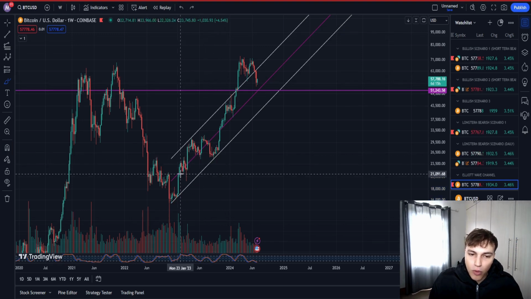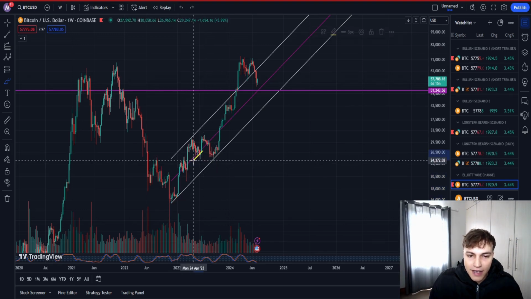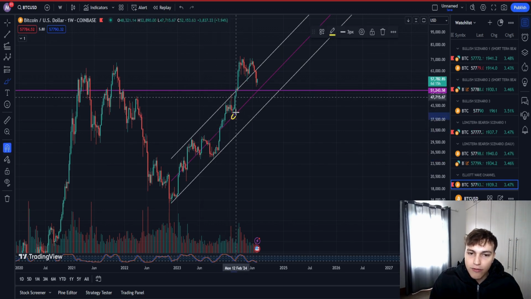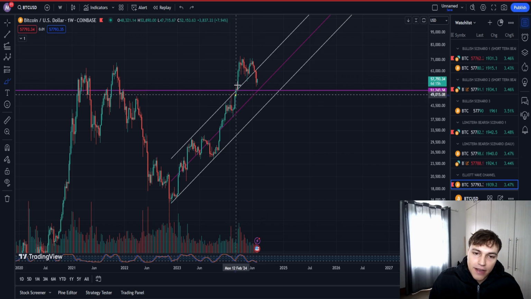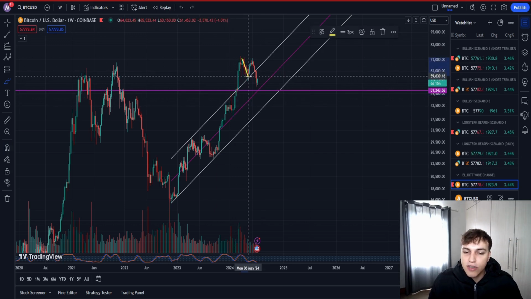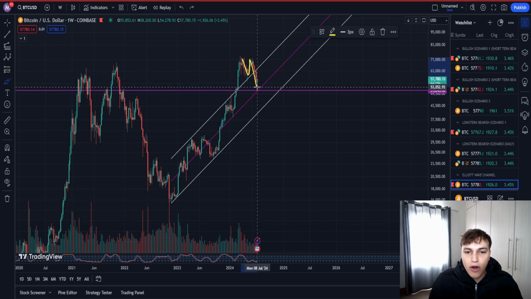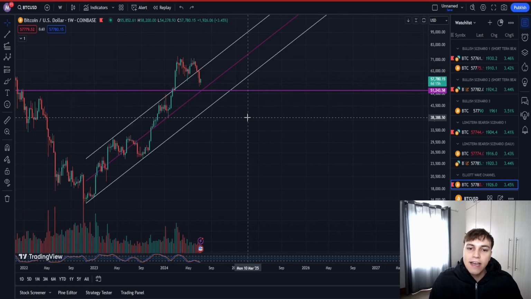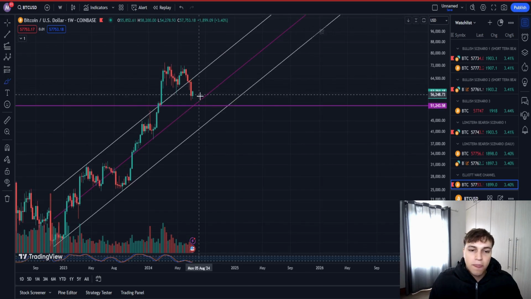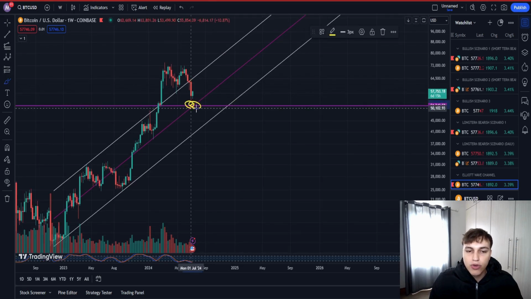Very nice support for the midline here, here, again bouncing off here, reversing here, and breaking out of the channel. The top side of the channel acted as support, and we have now broken into the channel again. It is a high likelihood, now that we have broken into this channel, for us to reach the middle line again.